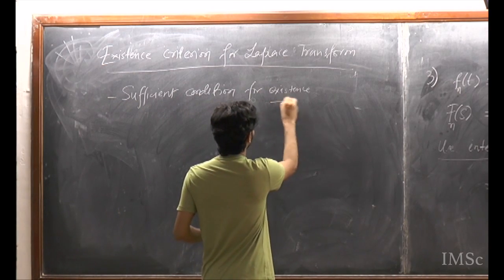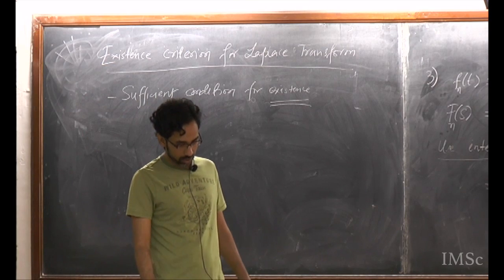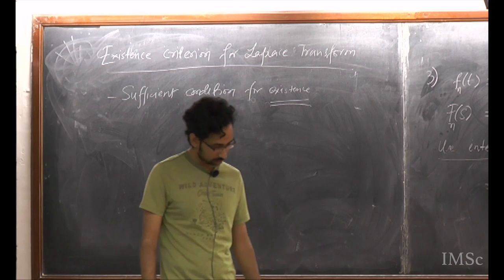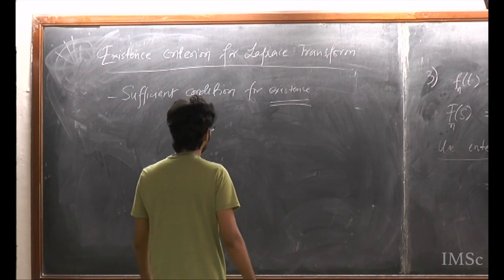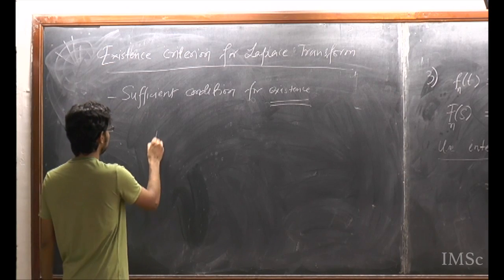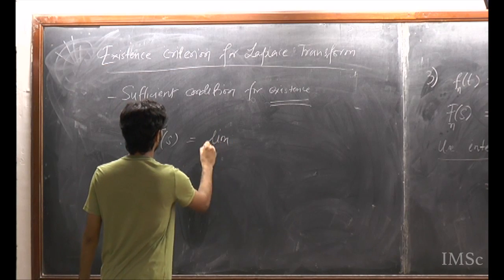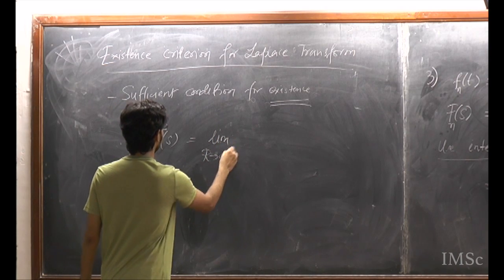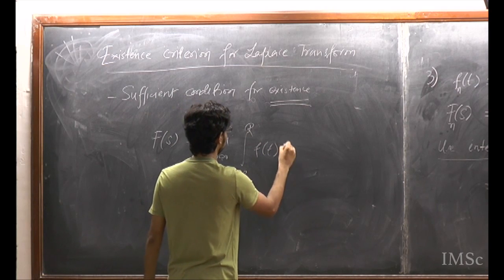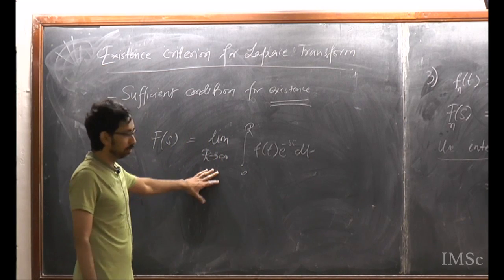So this terminology, existence, is key. What does it mean for a Laplace transform to exist? It means that this formula F(s), the limit as r goes to infinity of the integral from 0 to r of f(t) e^(-st) dt, this limit exists.